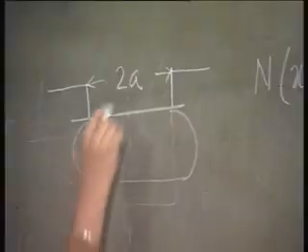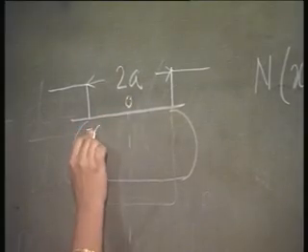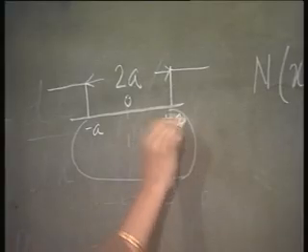So that if I take this point to be y equal to 0, this is minus a and this is plus a.